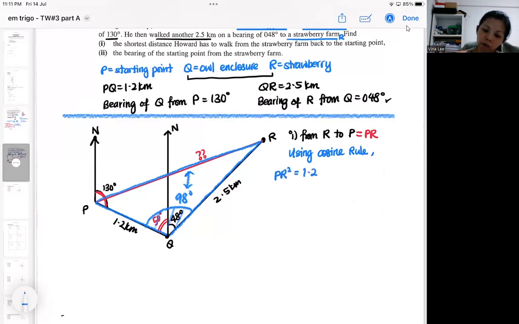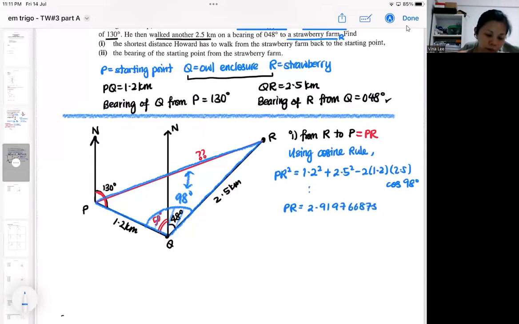So you should form the cosine rule. PR square equals 1.2 square plus 2.5 square minus 2 times this times this times cosine 98. Then you work it out. Again, when you are working out, your PR will be quite a long chain of decimals.